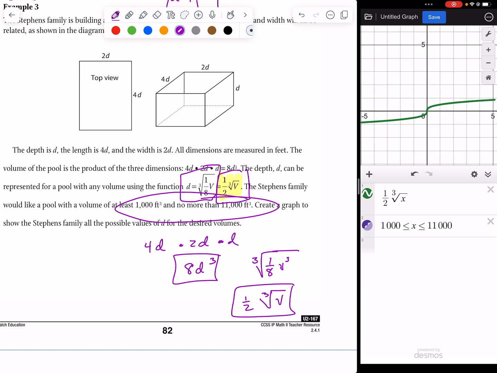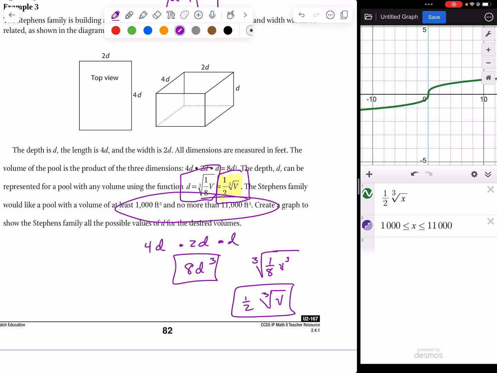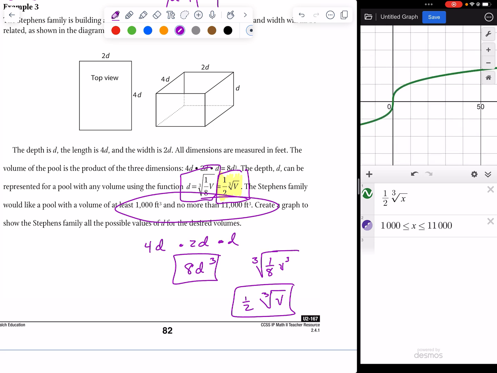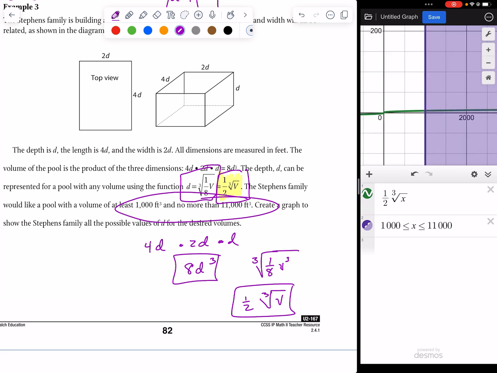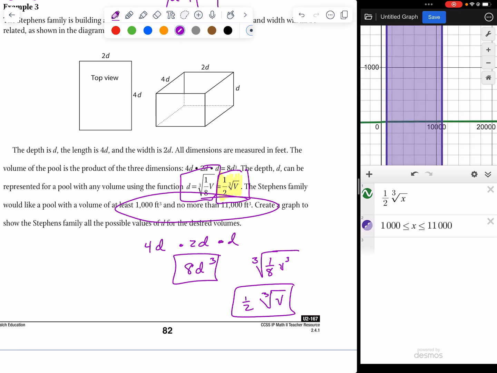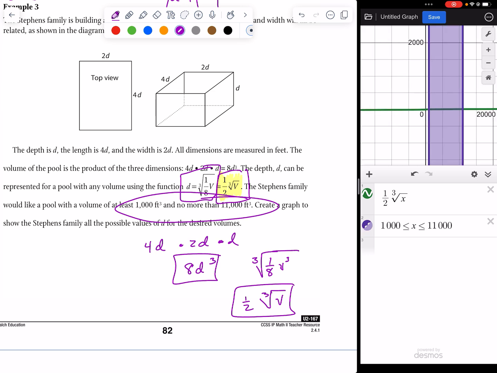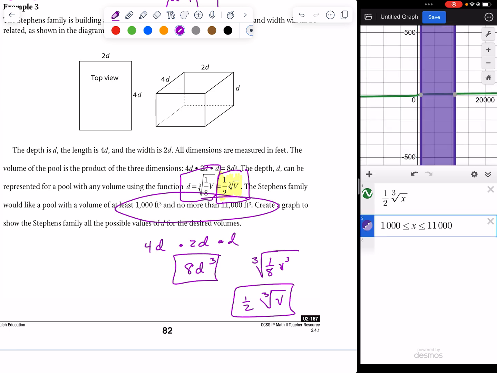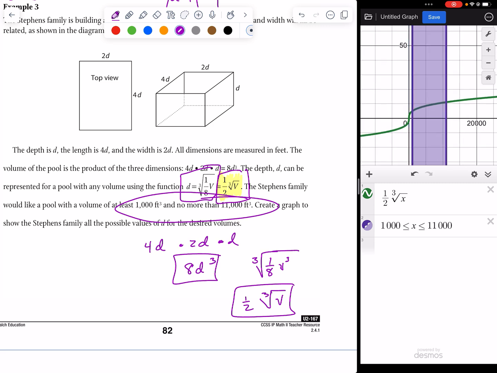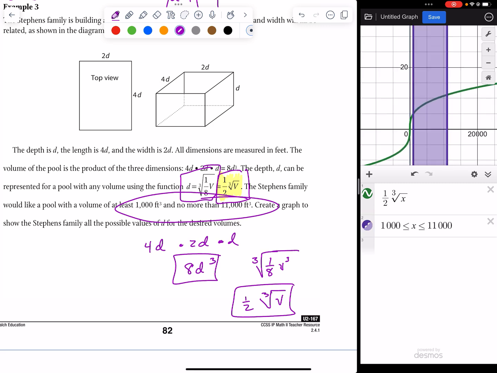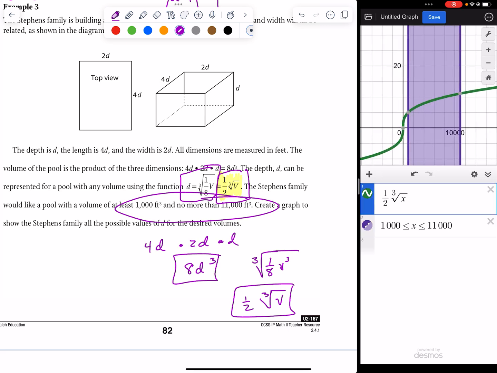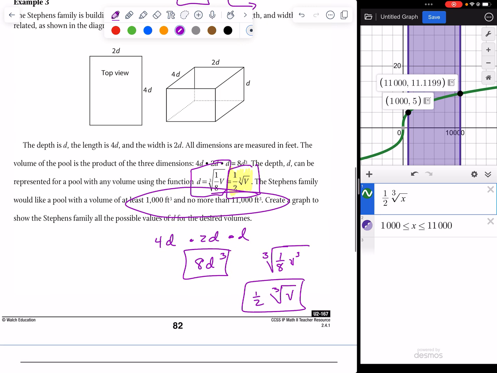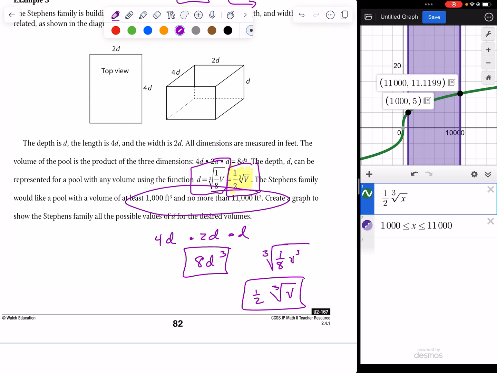Now you're like, I don't even see that. Well, I have to zoom way out. Now I want to open it vertically so I can actually see the different points.